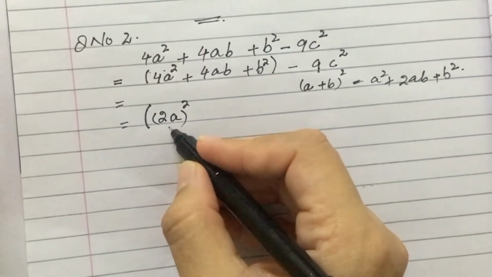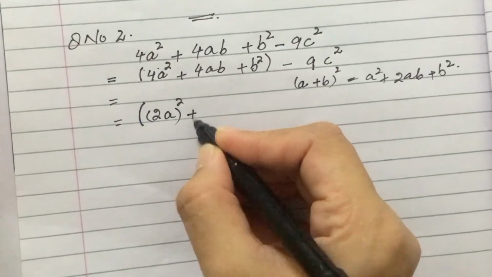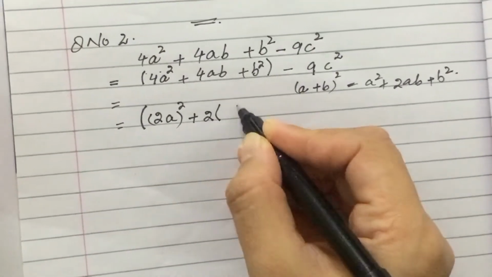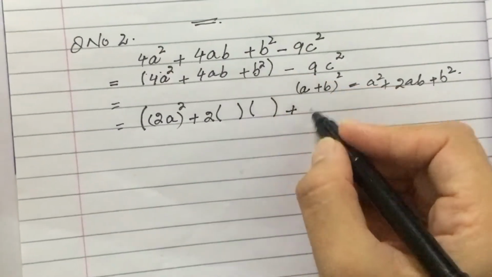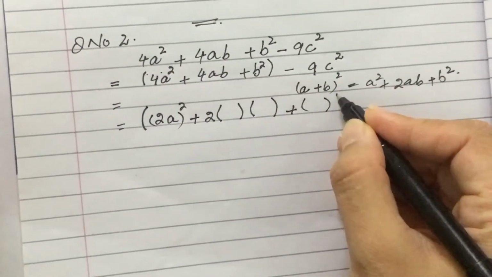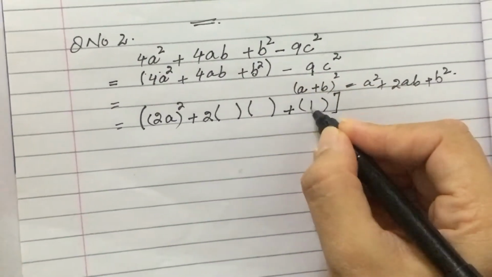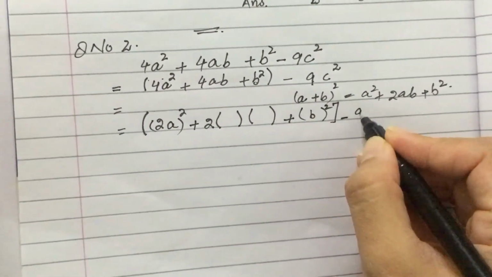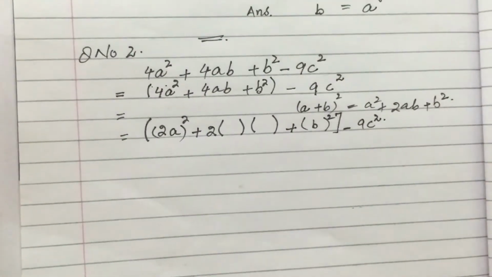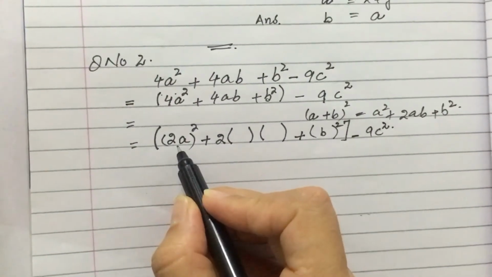It would be 2a square plus 2, from the formula, value of a and value of b. I will write it afterwards. And b square in bracket, minus 9c square. Now what is the value of a?